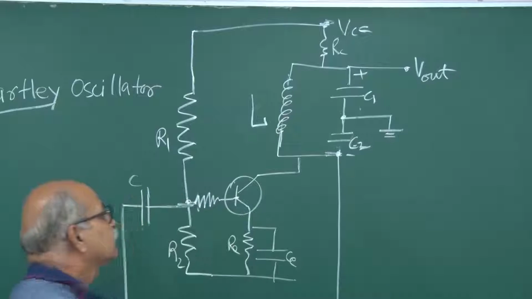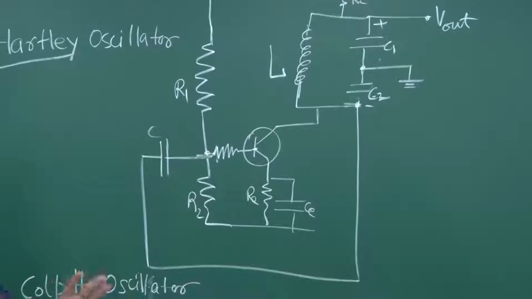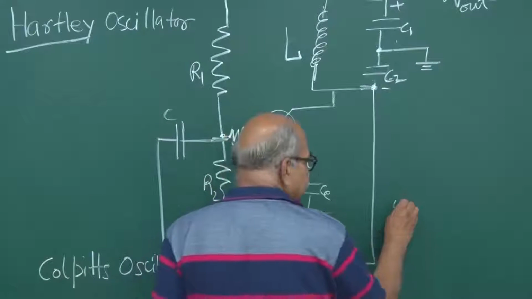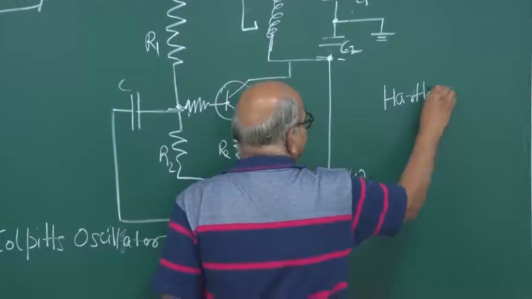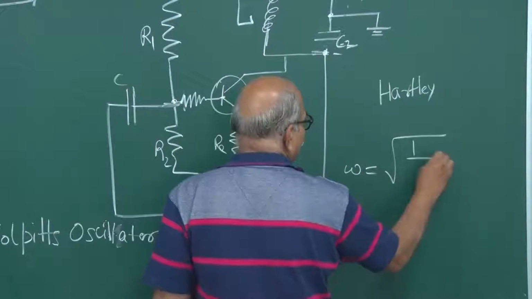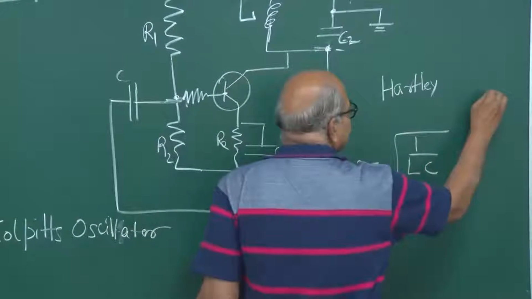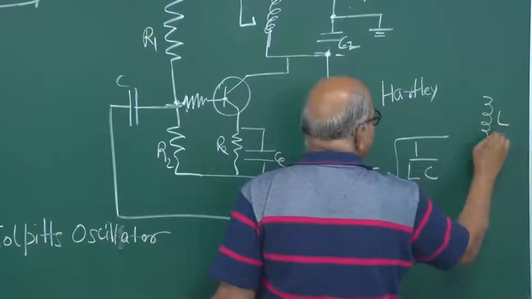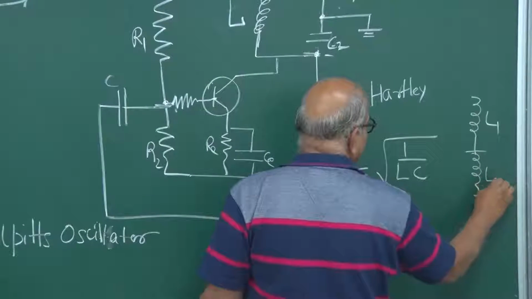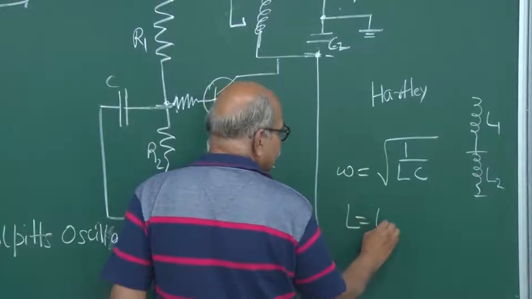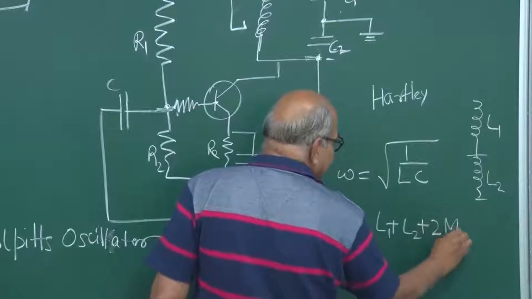This is known as the Colpitts oscillator. The resonant frequency in the case of Hartley is square root of 1 over LC, and this L, you had 2 of them, L1 and L2. So L is equal to L1 plus L2 plus the mutual inductance.